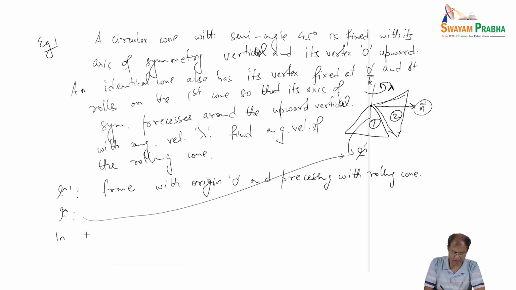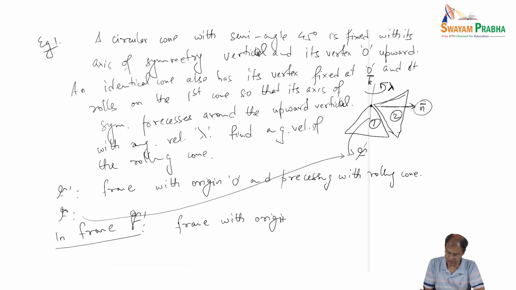So in the rotating frame, in frame f prime, we see that the frame with origin O is precessing about this axis O comma n, right?